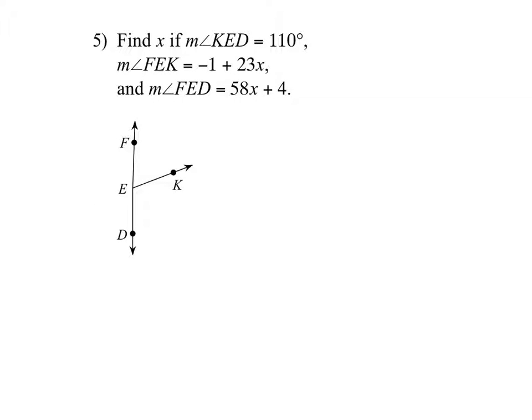Next one, angle KED. KED, this one right here, is 110. FEK is negative 1 plus 23x. And FED, the entire angle, is 58x plus 4. So 110 plus this other angle, negative 1 plus 23x, equals the entire angle, 58x plus 4.